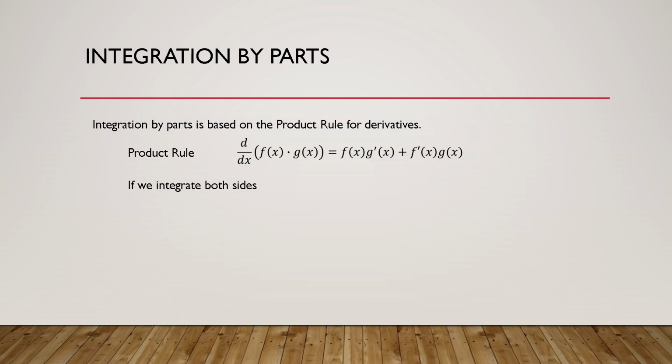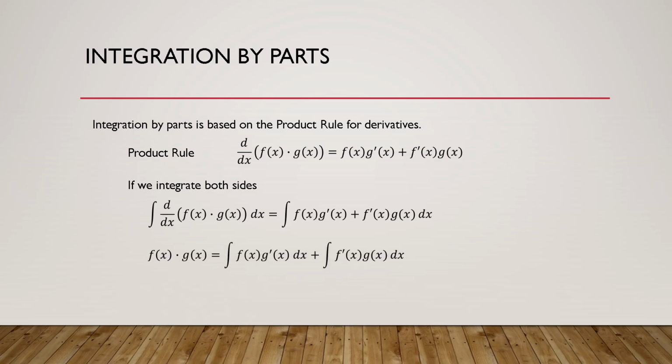If we take this as an equation and integrate both sides, we get f of x times g of x equals the integral of f of x times g prime of x dx plus the integral of f prime of x times g of x dx. We can then solve for the integral of f of x times g prime of x dx, which is equal to f of x times g of x minus the integral of f prime of x times g of x dx.